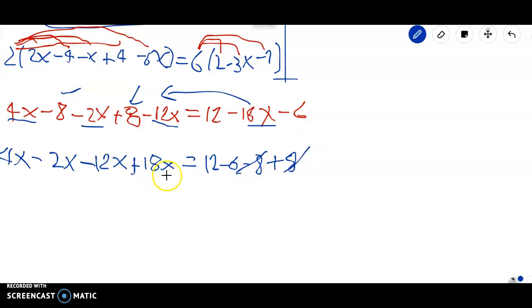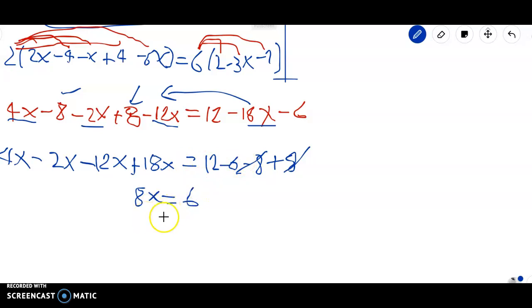And let's organize the variables. So we have 4x minus 2x, that makes 2. 2 minus 12 will be minus 10x, minus 10x plus 18 will be 8x. So we have 8x equals 12 minus 6, that makes 6.